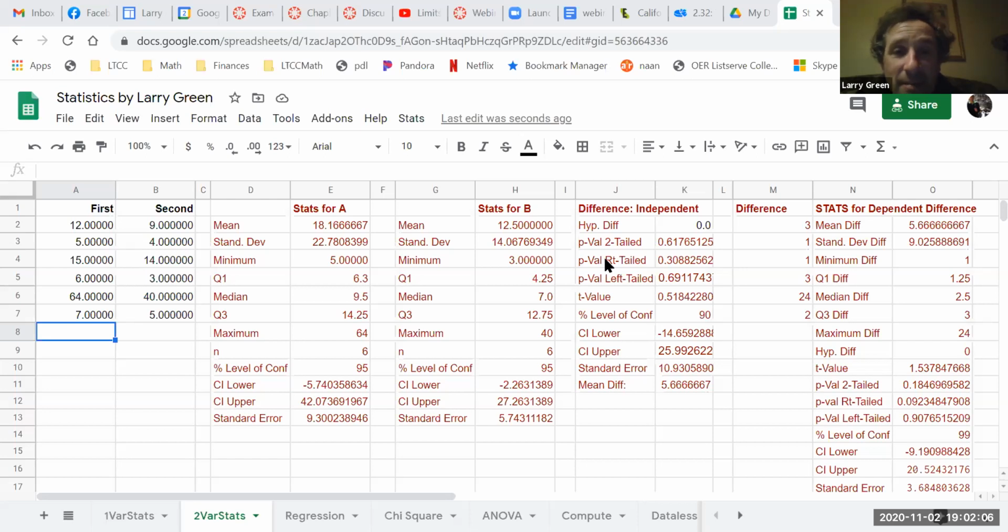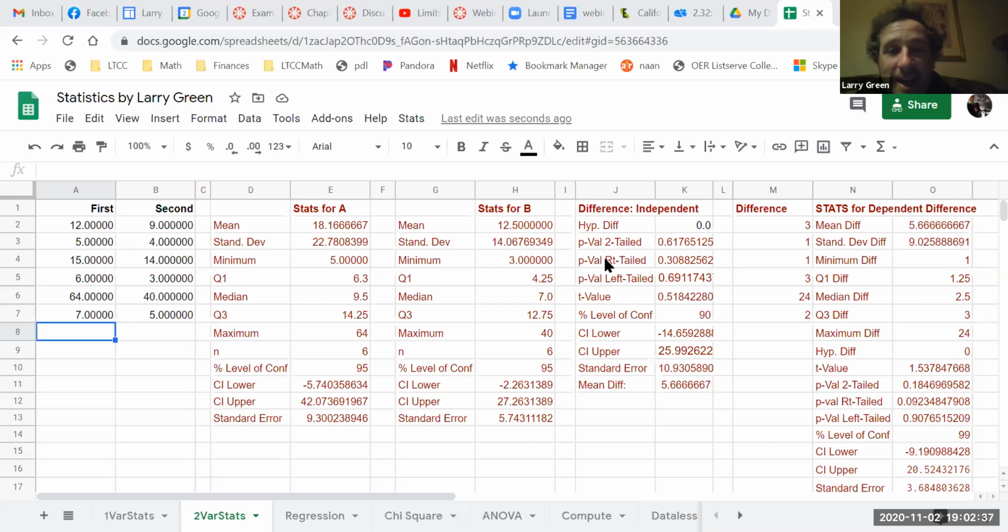So independent means there are two groups answering the same question. Dependent is when you have one group answering two questions. It could also be paired things answering one question. So it could be a husband and wife, for example, answering the same survey question, and that would also be dependent.